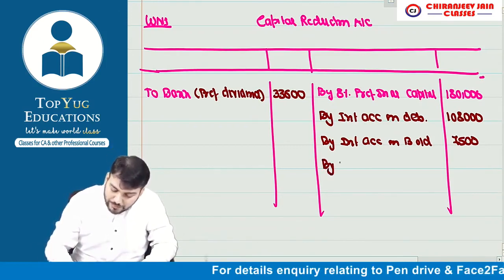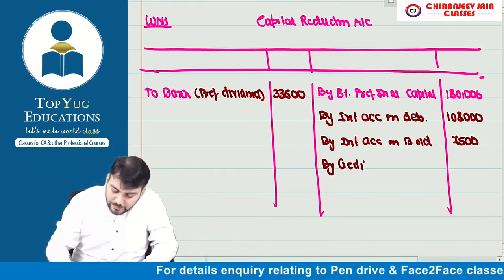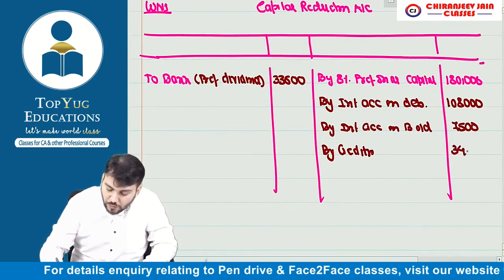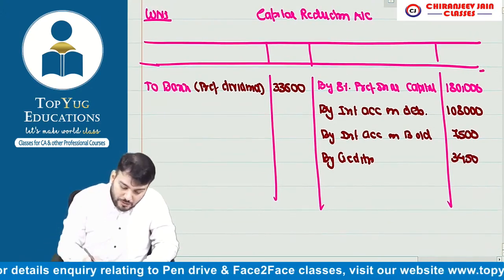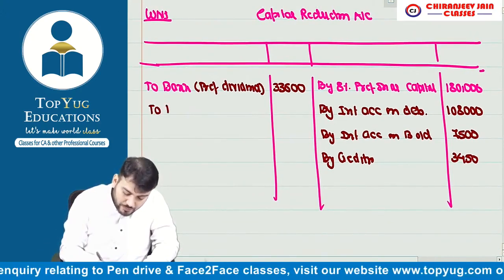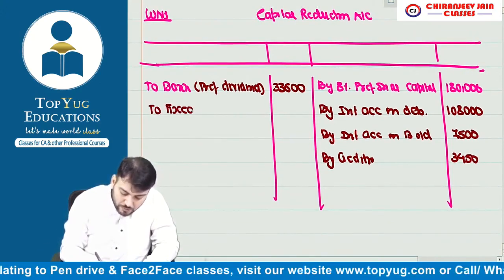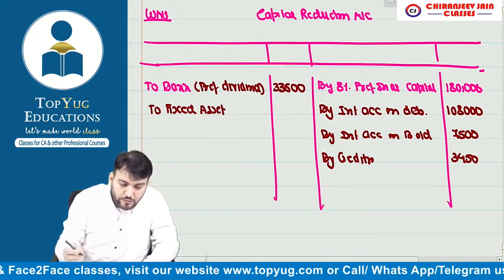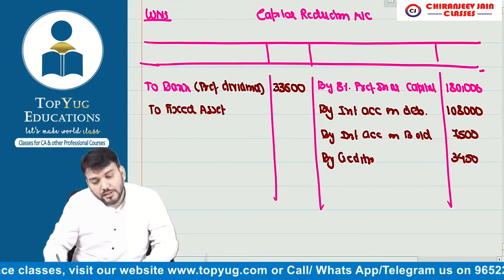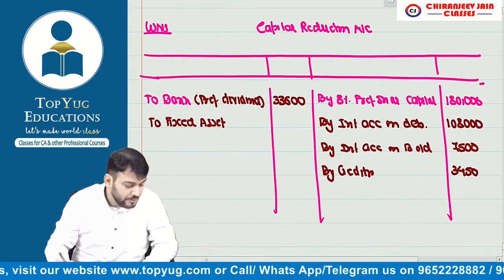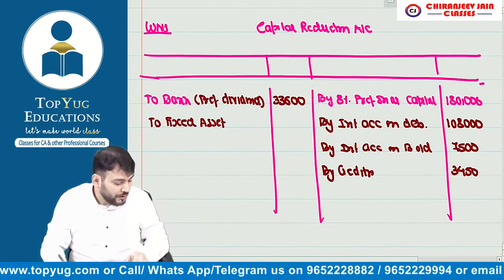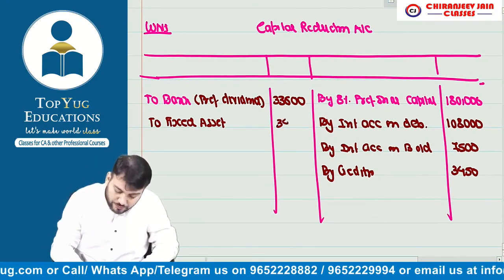Then we have done by creditor, how much? 3,450. Then to fixed asset, how much? फिक्स्ड एसेट कितना था? It is 34,000.